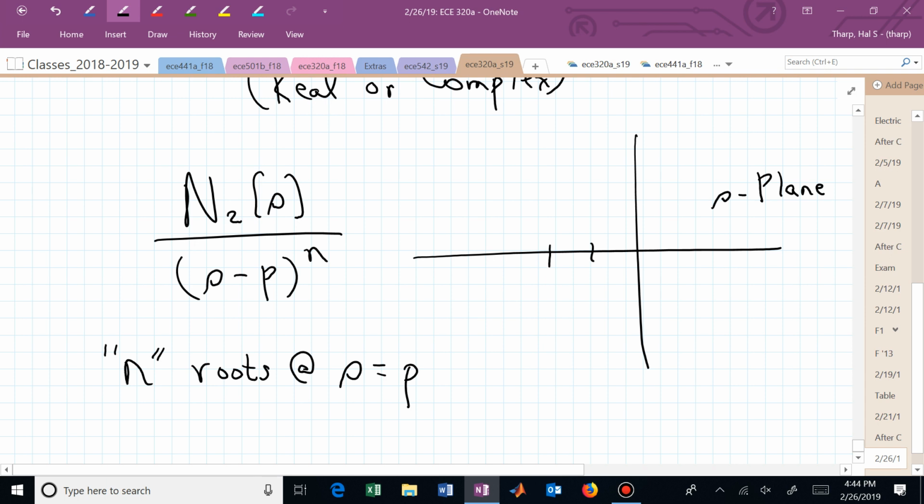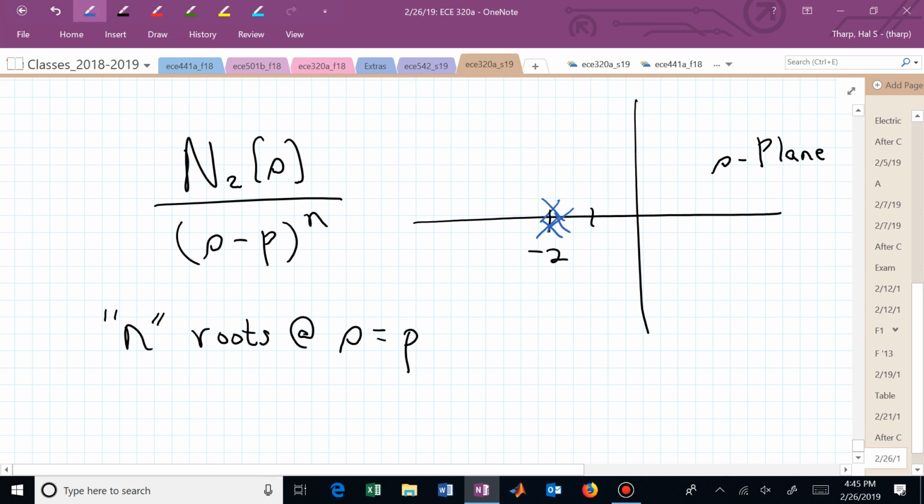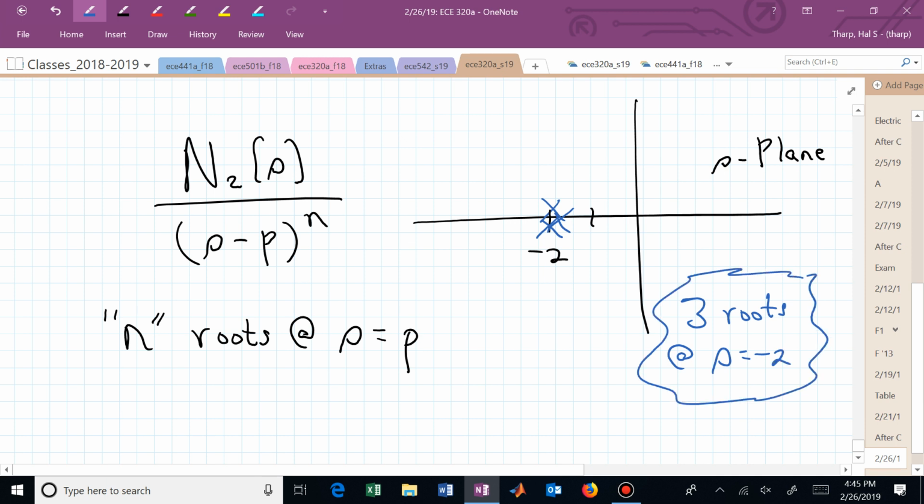Here's the S plane. Here's minus 2, and suppose that we now have three roots. And I don't show them overlapping. In fact, they're all three right on top of each other, but you wouldn't see that if I drew them where they actually are, so I sort of stagger them. But now, in this picture, I'm trying to illustrate that we have three roots at s equal to minus 2. And that would be case number 2, where we have repeated roots.